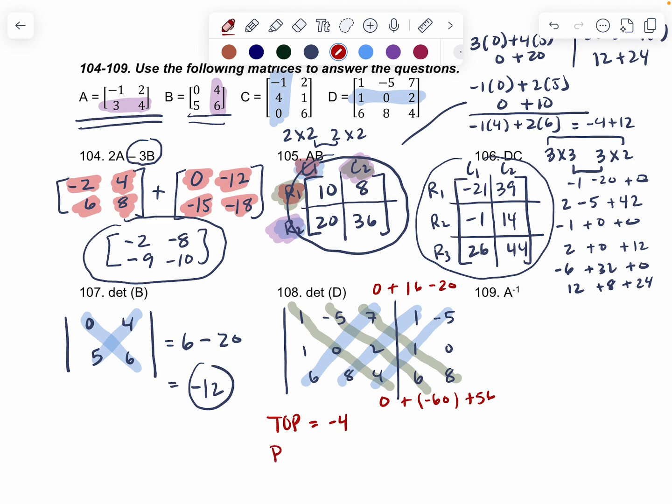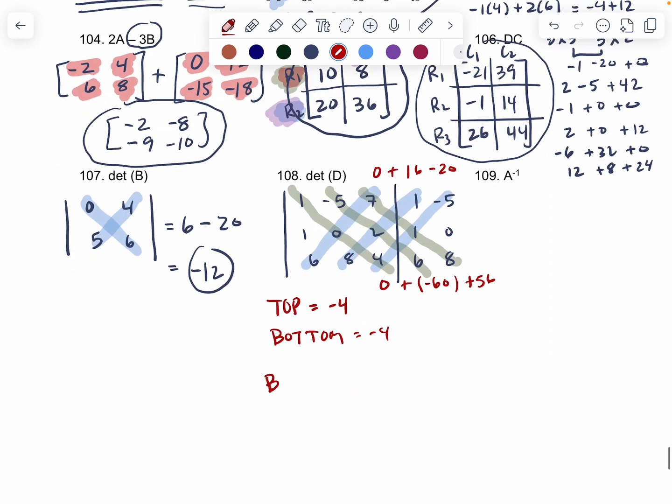So the bottom here, negative 60 plus 56 is negative 4. Now on this one, remember we want to do bottom minus top. So it's negative 4 minus negative 4.